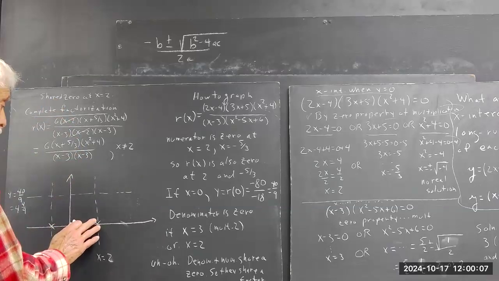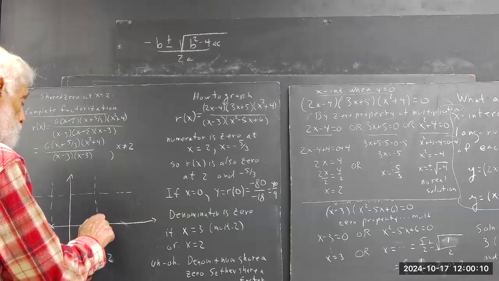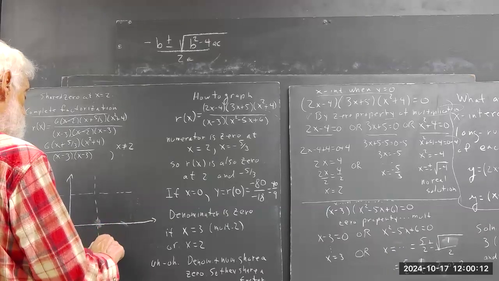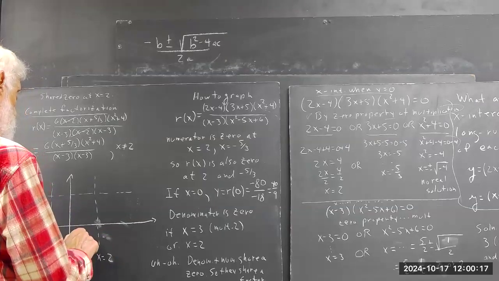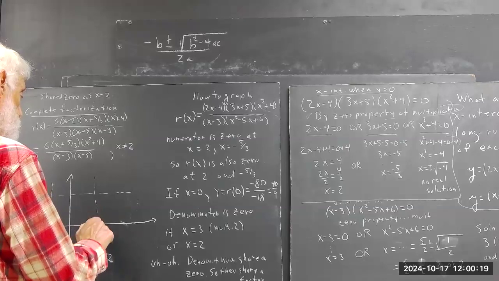So what we say is, no, darn, we don't have a 0 here. I have no good place to write it.